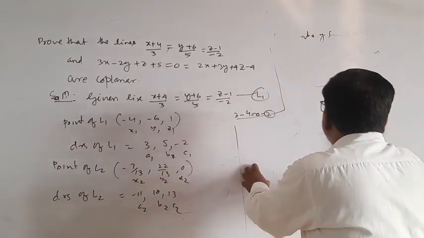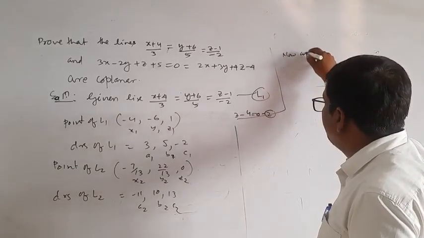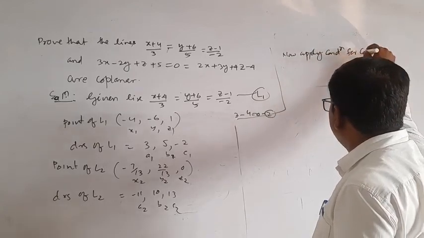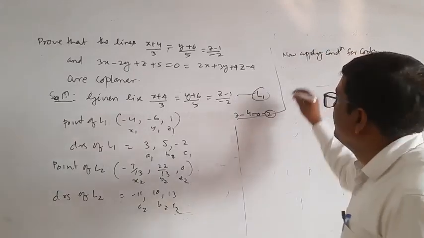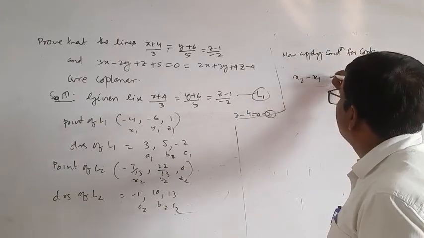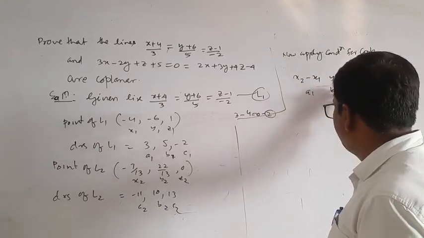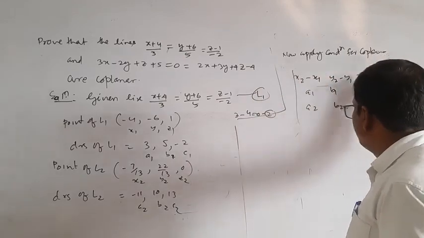Now verify. The condition for coplanarity is the determinant of x2 - x1, y2 - y1, z2 - z1; a1, b1, c1; a2, b2, c2 should be 0.